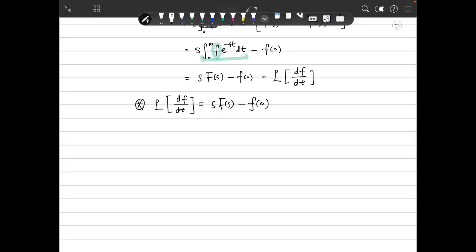What is that? The derivative in the time domain is the same as multiplying by s in the frequency domain. Laplace of f is F(s).